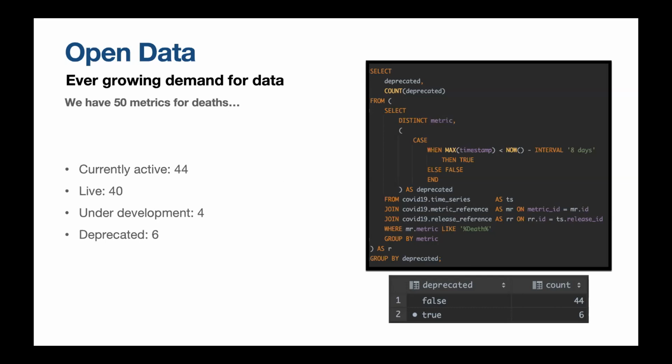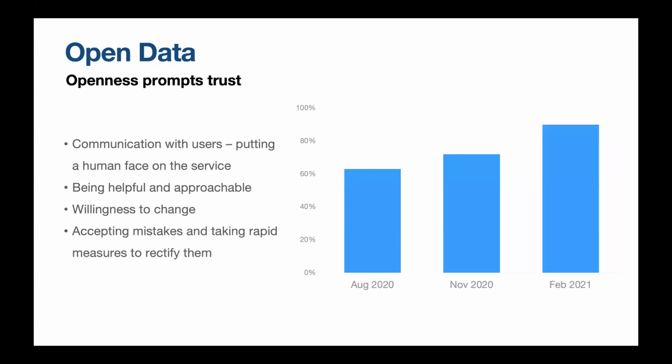But so be it. That's open data. You can always go to the service and look at the data and make up your own conclusion, because that is possible. And that's only possible because the data is out there for you to use and to look at. It prompts trust.